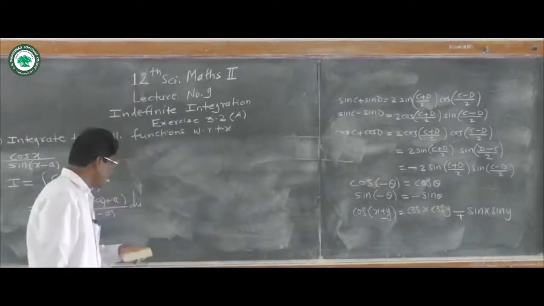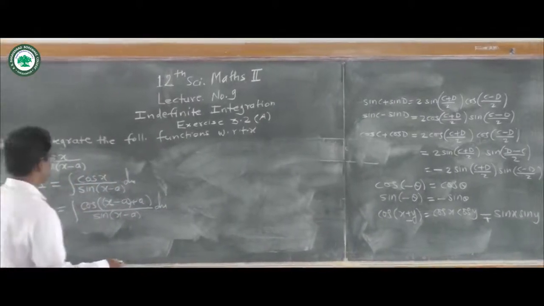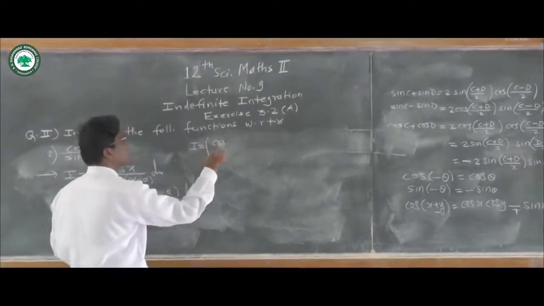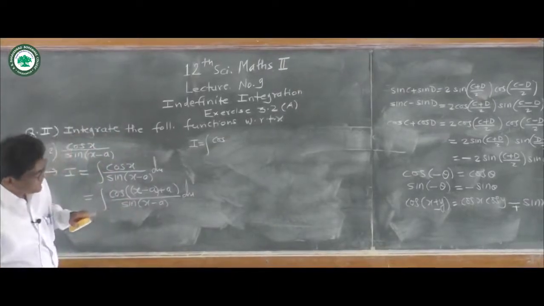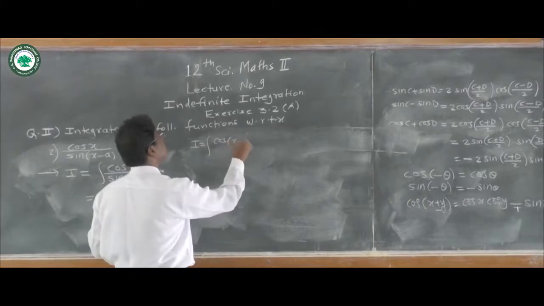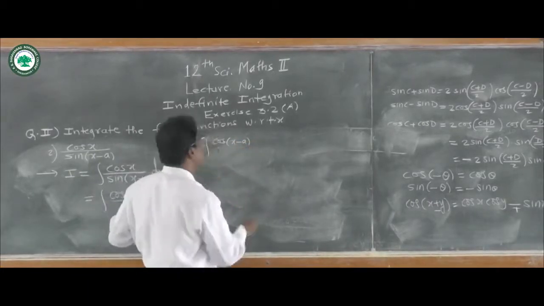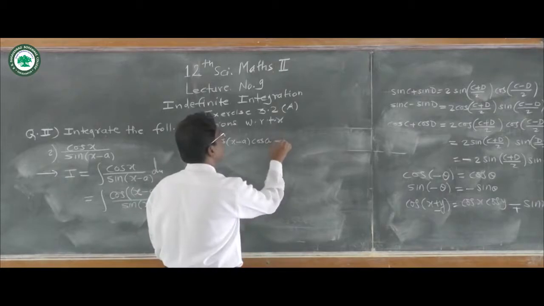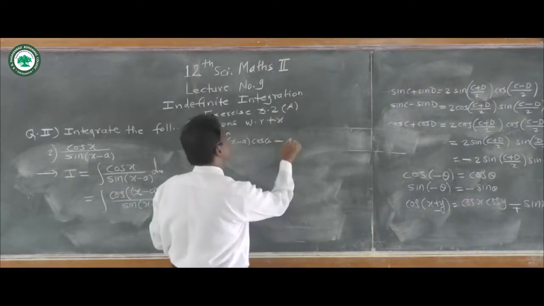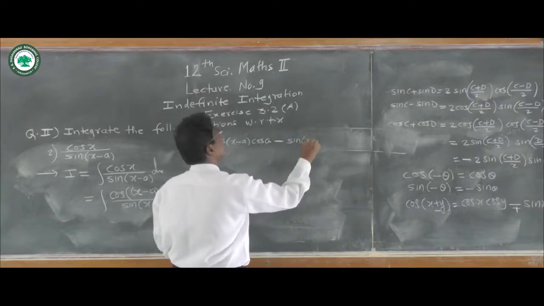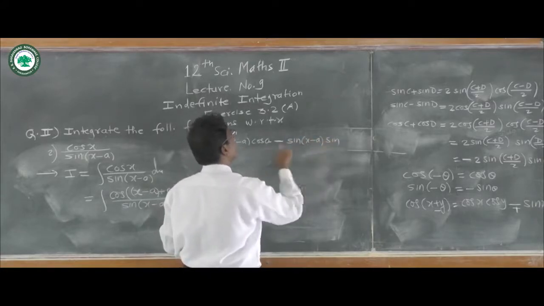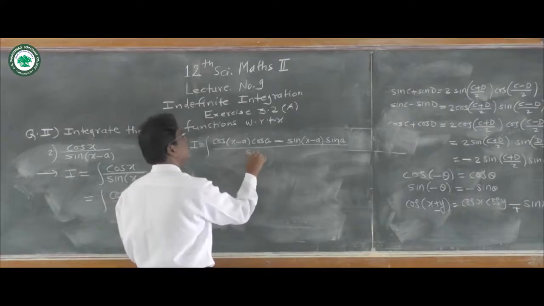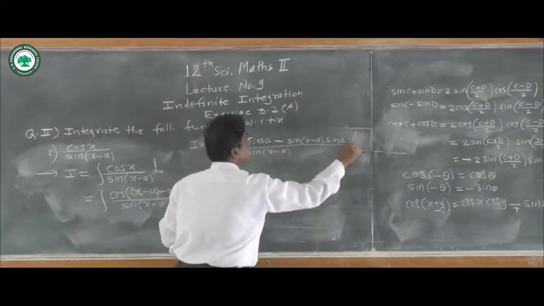Using this formula, in the numerator we write I is equal to the integration of cos of (x minus a) into cos of a, minus sin of (x minus a) into sin of a, divided by sin of x minus a, dx.